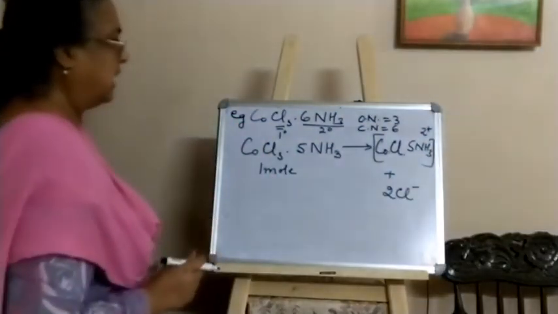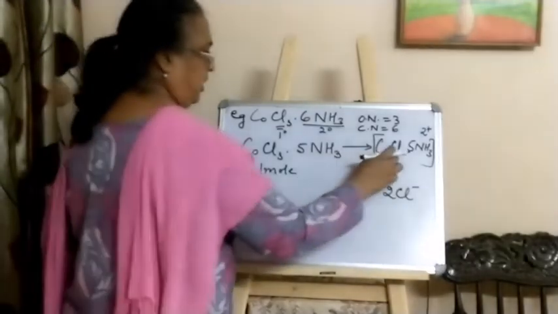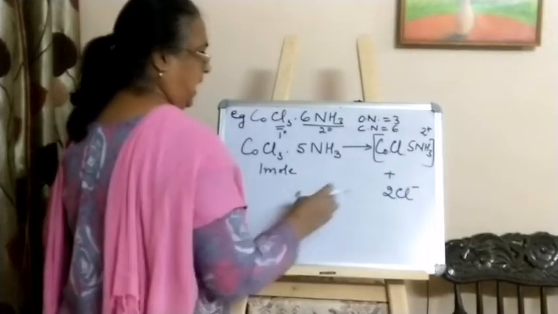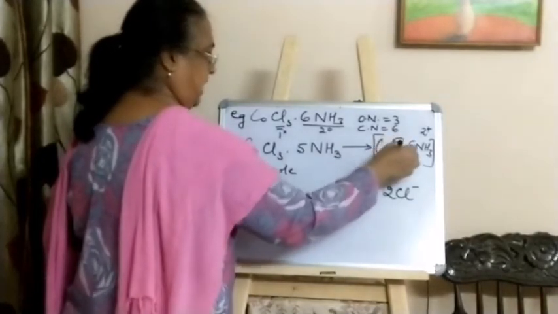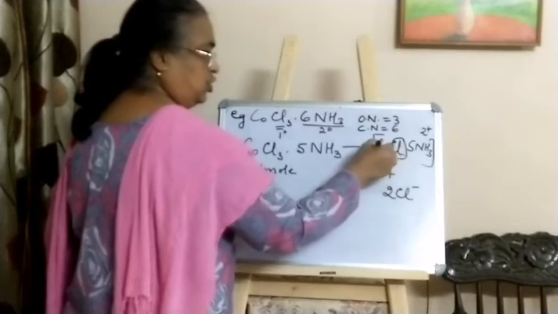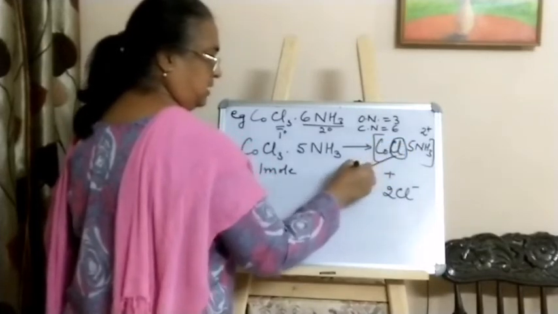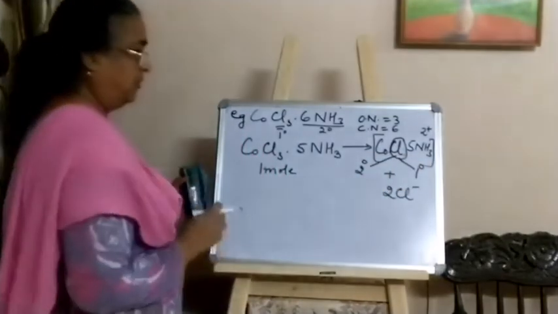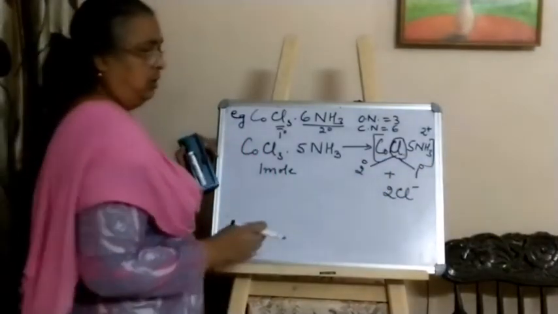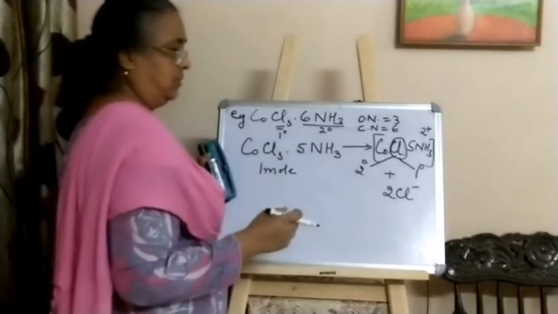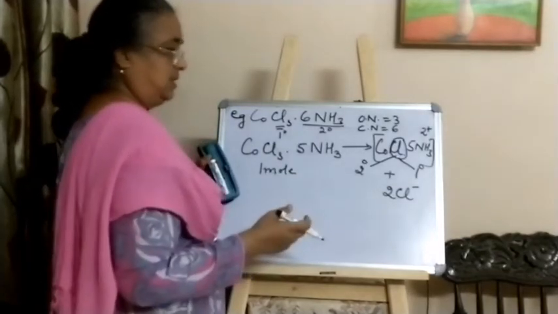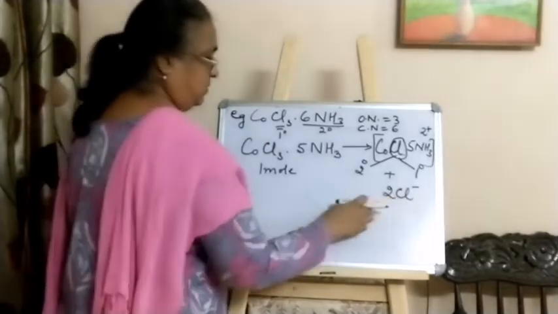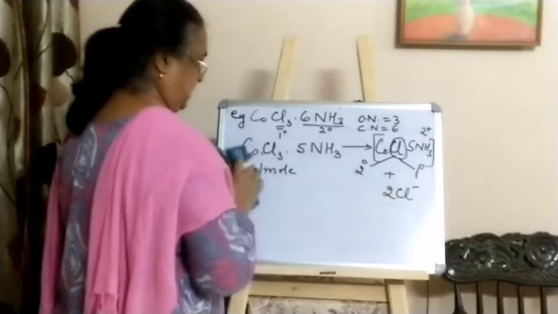But what do you see is that we have one chloride ion as ligand, and this chloride ion is attached to the cobalt central metal atom through the secondary valency as well as the primary valency. So as I told, any anion which is attached to the central metal atom through both secondary and primary valencies cannot dissociate. That's why we have only two chloride ions out.